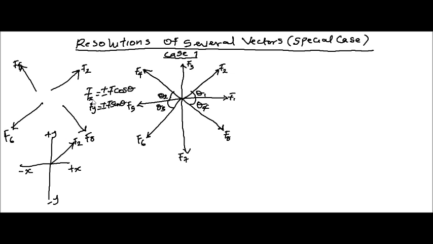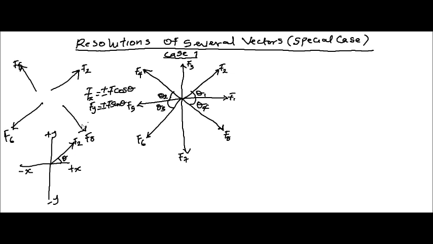So instead of f of x being plus or minus, it will be plus f cos theta, where theta is the angle of inclination to the horizontal. So this is theta, the angle of inclination of f2. That one must be registered: the angle must be inclined to the horizontal.